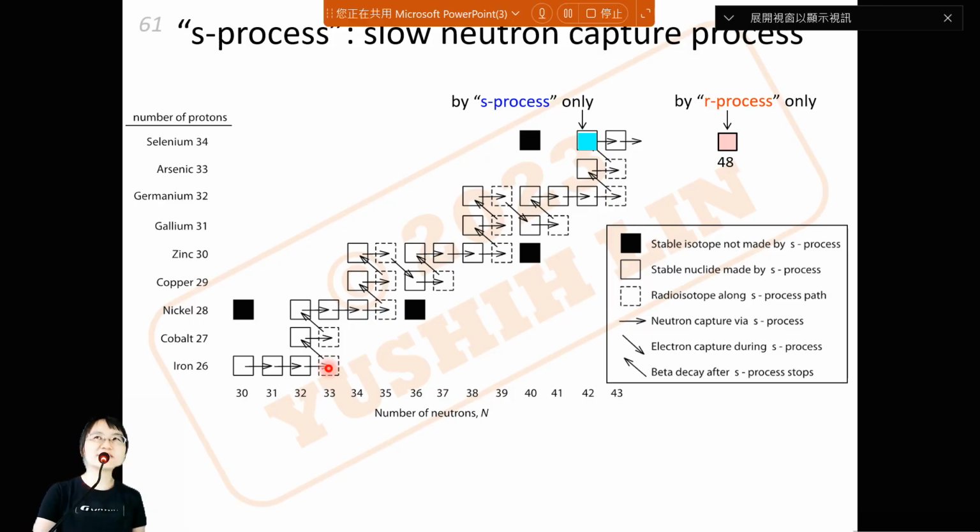And whenever the nuclei think, I'm saturated, I'm full, I want to decay, then it can take time to decay. And then absorb and decay. Unless the beta decay or the electron capture has a longer half-life, otherwise these processes take place at the same time, and they are relatively slow compared to the r process. They generally produce the stable isotopes at the upper left of the band of stability.